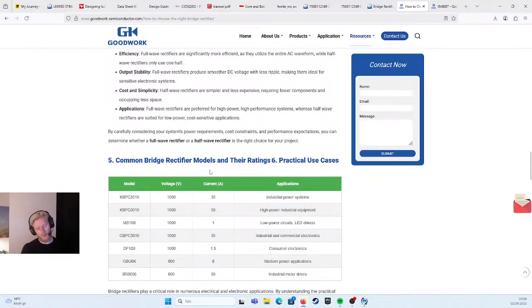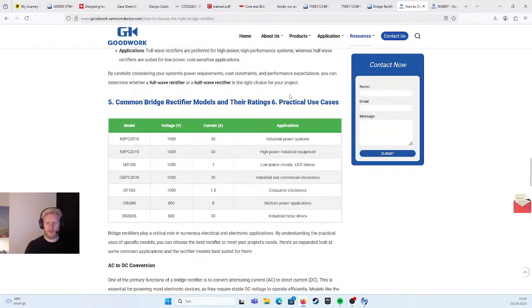And because of full wave bridge rectifiers, enough said. Common bridge rectifier models and their ratings, practical use cases. So here the voltage, 1,000, which I guess is good to have.